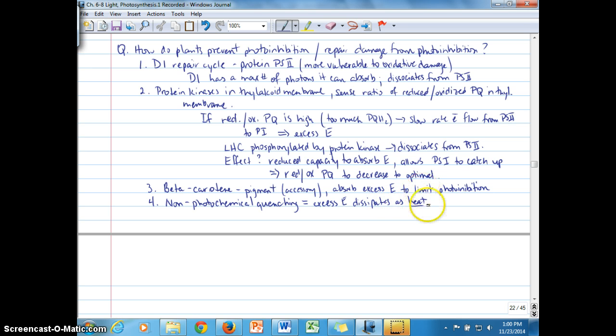That was one of the four fates of excited energy in an electron that we discussed back in chapter 6. So this results in thermal deactivation.